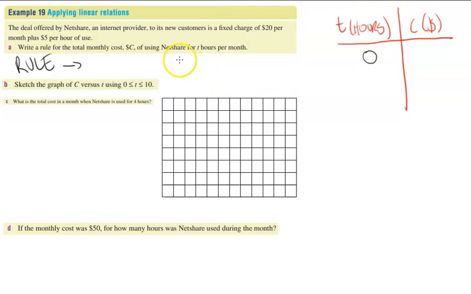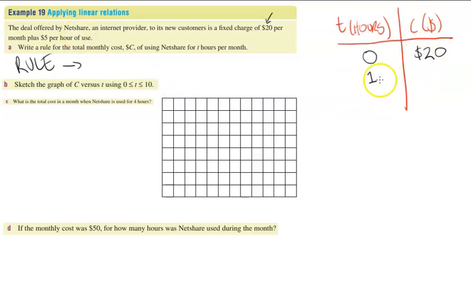So if we did not use any hours of internet, it's still going to cost $20 because this is a fixed charge. Now, as we keep going up per hour, and we can just do this in increments of hours, after 1 hour there's going to be an additional $5 because it is $5 per hour of use.